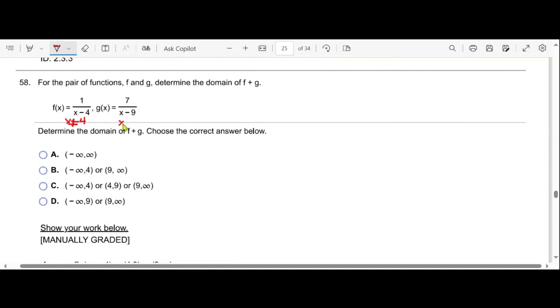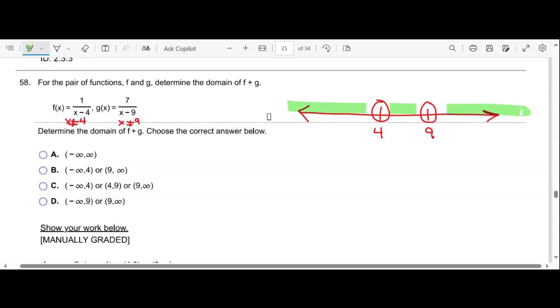And x cannot equal how much? 9. If you graph this, how do you graph it? 4, 9. Open or closed? Open, because it's not included. So from where to where, Fawaz? From negative infinity to 4 and from 9 to infinity. Union. Very good. Is this clear, everybody?